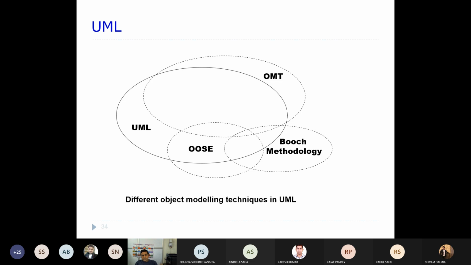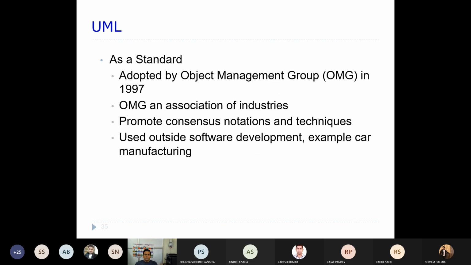So we standardized it, okay? That is the idea. It's a standard adopted by the Object Management Group. In 1997, they adopted UML as a standard, right? The Object Management Group is actually an association of different organizations.